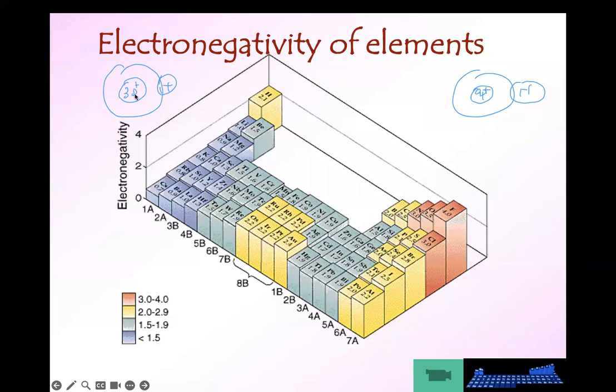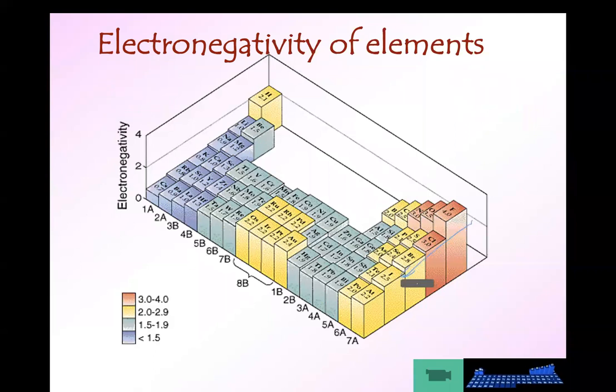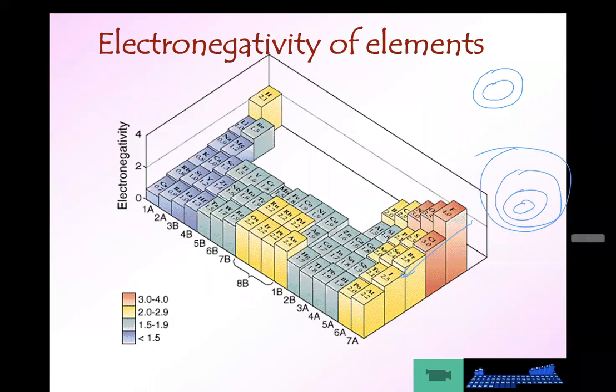With 3 protons, it has less ability to attract the bonding electrons towards itself, while with 9 protons, it has a higher ability to attract the bonding electrons towards itself. It is just the same case for fluorine to iodine. Fluorine has just two electron shells, that is period 2, while iodine, although it has more protons, has 5 electron shells.